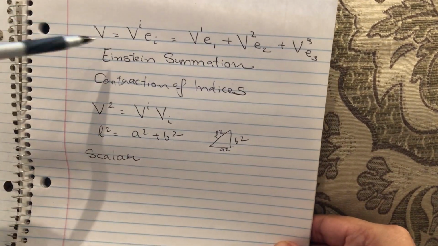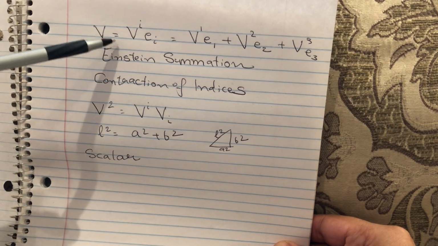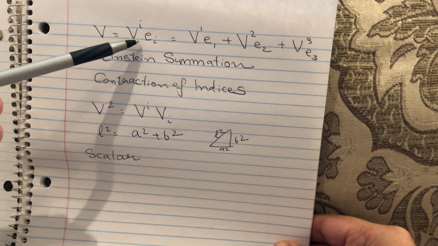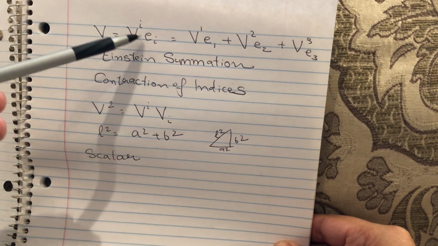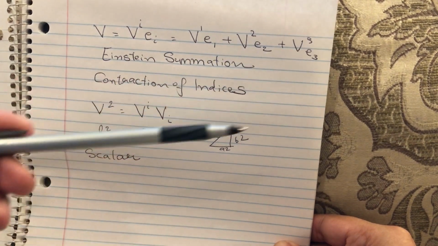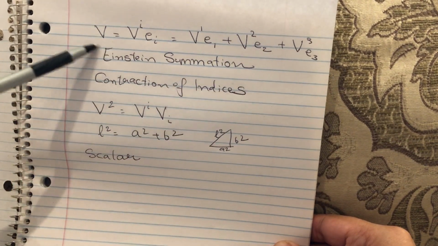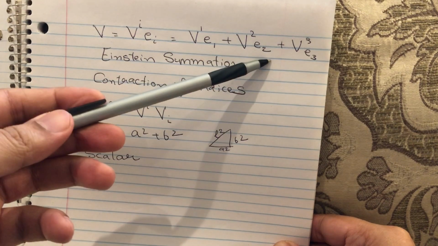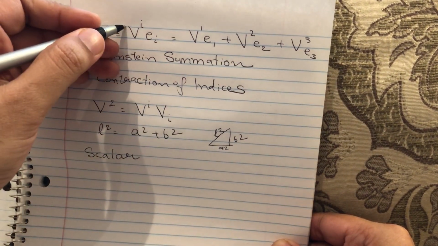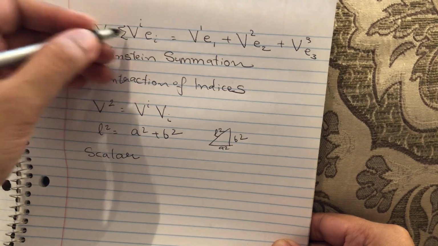Now, when you see an equation like this, it means summation, which means the magnitude and the directions are in different directions. So this could be x direction, y direction, z direction. So to represent a vector, you have to sum up all the directions. And usually you have to write a summation sign here in mathematics.